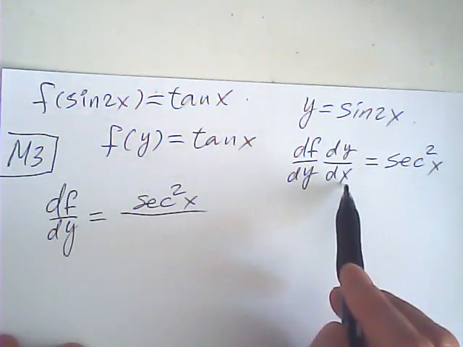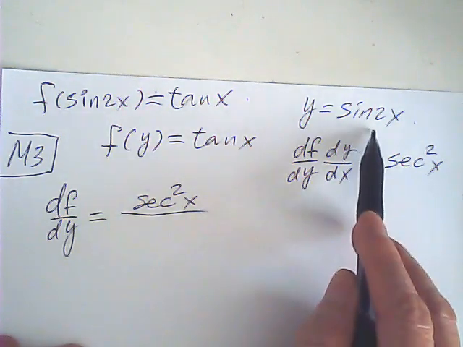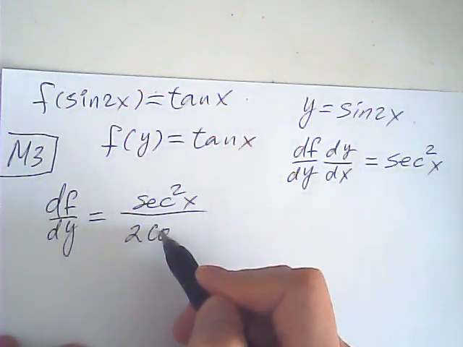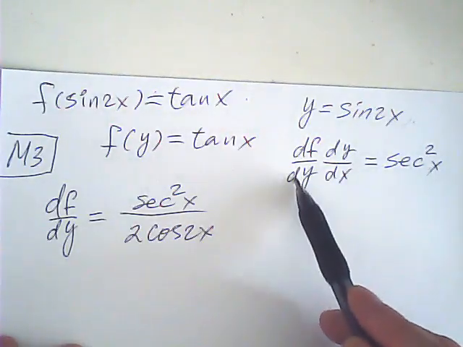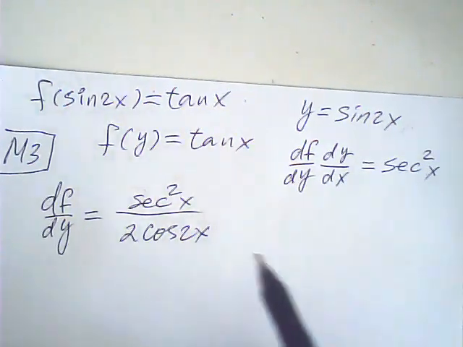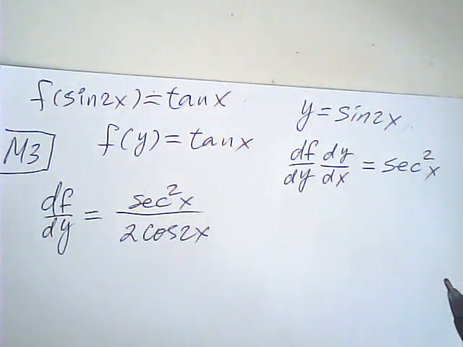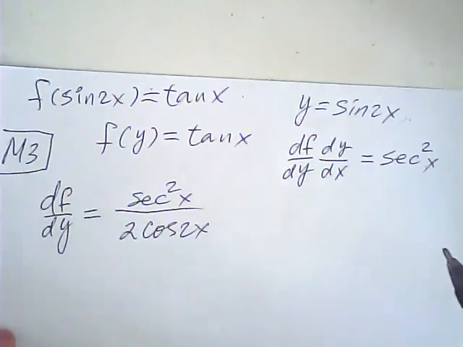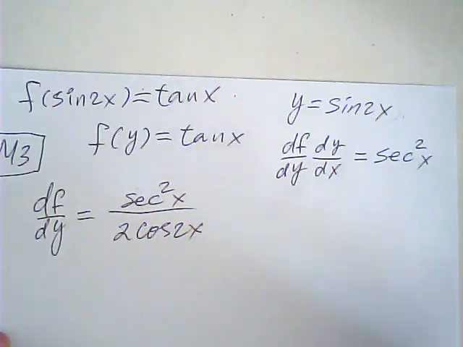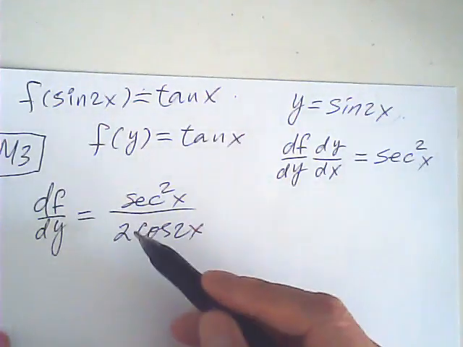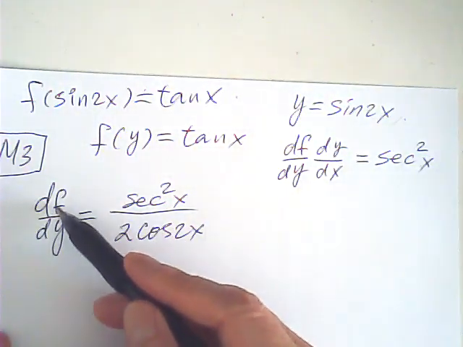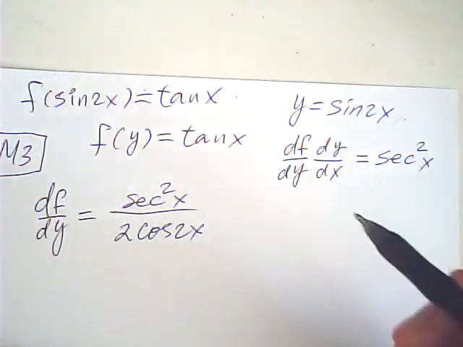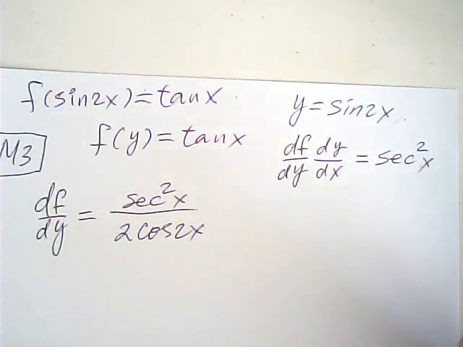Divided by dy dx. What's the dy dx? dy dx is 2 cosine 2x, right? That's the dy dx. So this divided by that is equal to this. Now then, I try to express this side in terms of y. I can find a y. Then I kind of find f by integration, right?